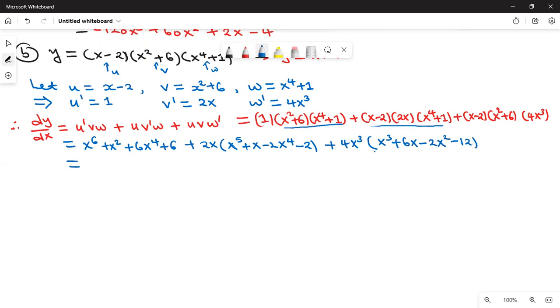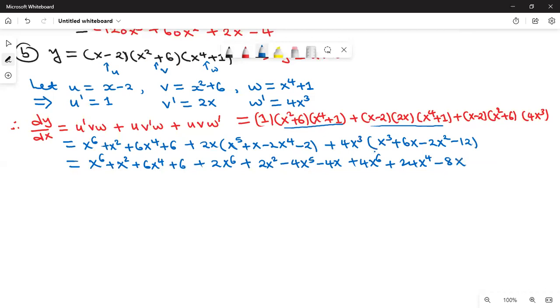If I open it completely, I'm going to get x raised to 6 plus x squared plus 6x raised to 4 plus 6 plus 2x raised to 6 plus 2x squared minus 4x raised to 5 minus 4x plus 4x raised to 6 plus 24x raised to 4 minus 8x raised to 5. 12 times 4, that is 48x cubed.